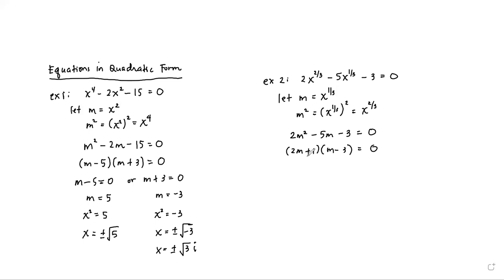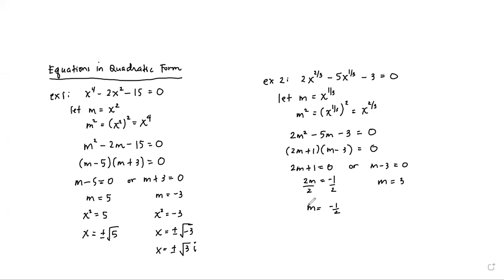So using the zero product property, we can equate both factors to 0, and then we can solve for m. So for the first equation, we transpose positive 1 to the other side, so we get 2m equals negative 1, and then dividing both sides by 2, we get m is equal to negative 1 half. And then for the second equation, m is equal to positive 3.